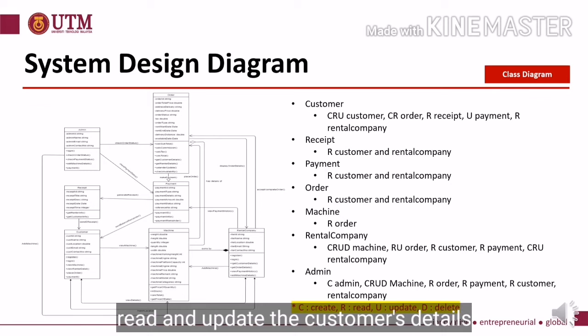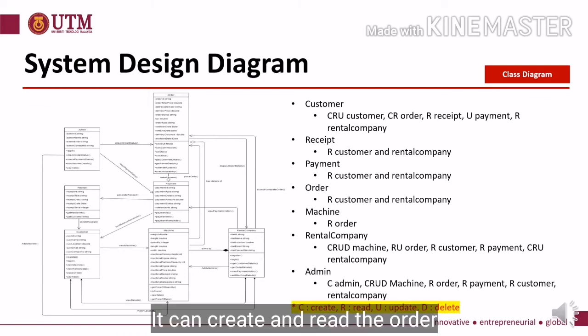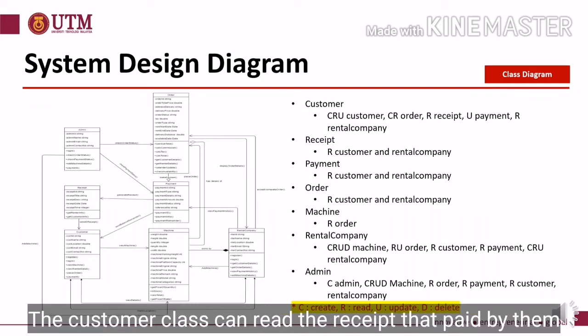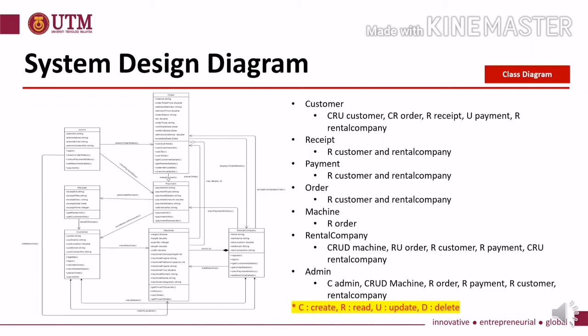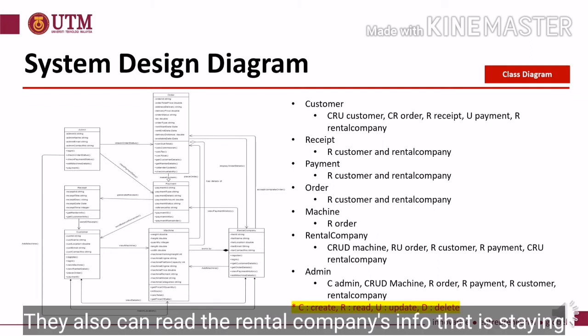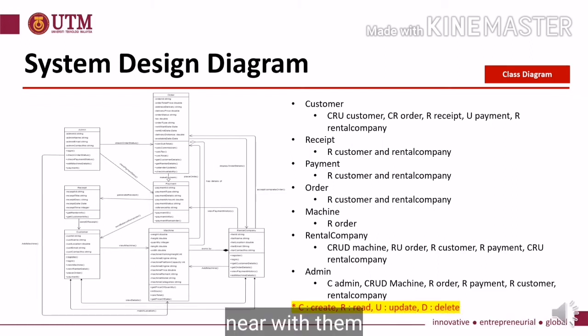They can create, read, and update the customer detail, and can also create and read the order. And the customer object can read the receipts paid by the customer, and also can upload the payment by selecting full payment or deposit payment, and they also can read the renting company that is nearer to them.